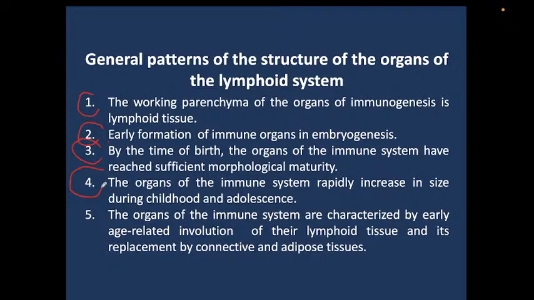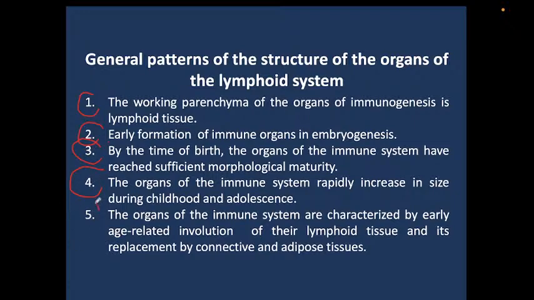This increasing is during childhood and adolescence, and the most superactivity of the immune system we see in childhood when it is really necessary, because children meet a lot of new bacteria, microbes, and a lot of factors, and they need a very strong immune system.